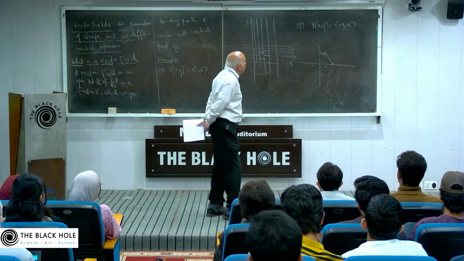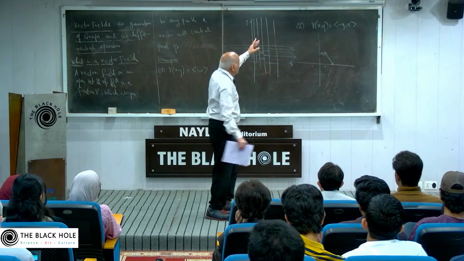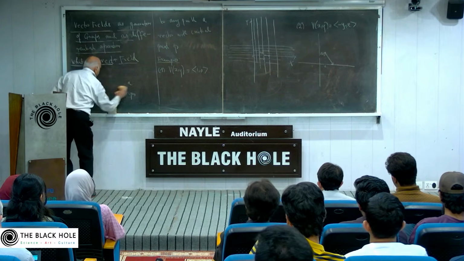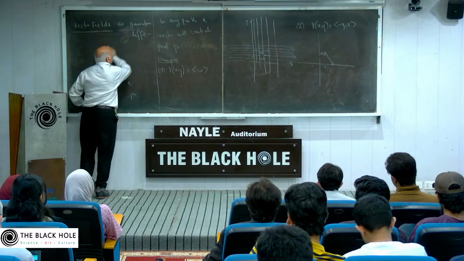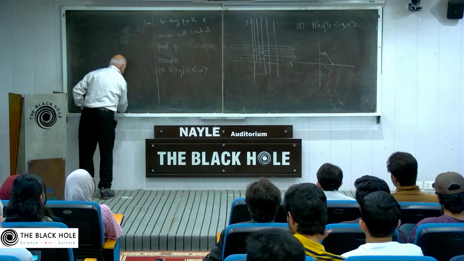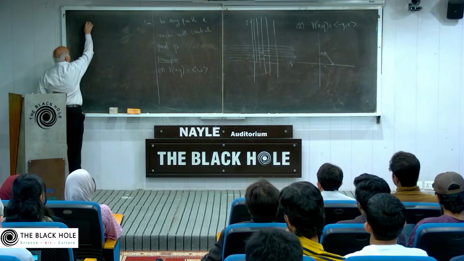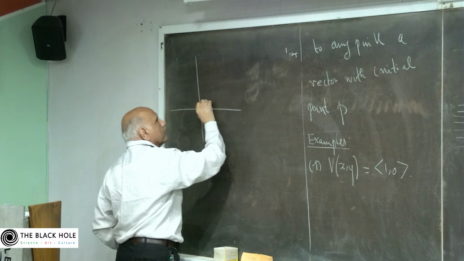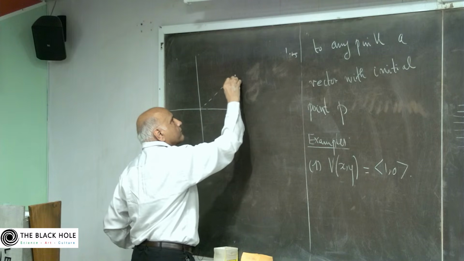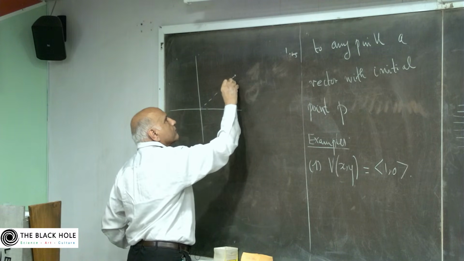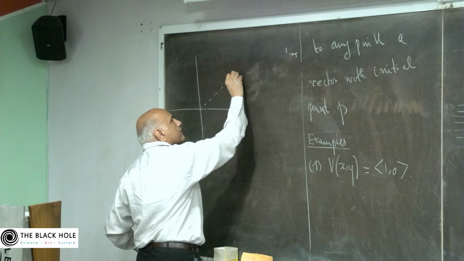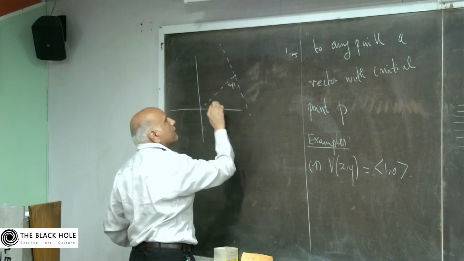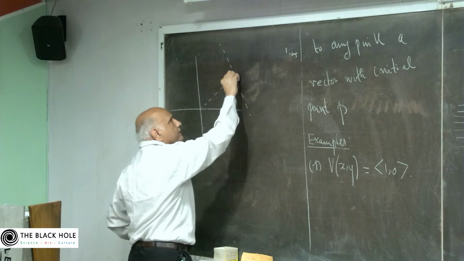So if I plot the point (x, y), and go to any point (x, y), these are all the vectors perpendicular to (x, y), right?